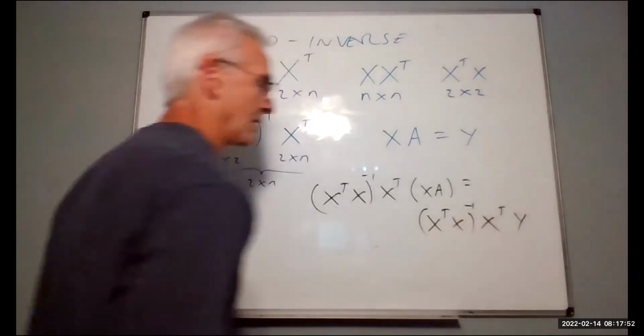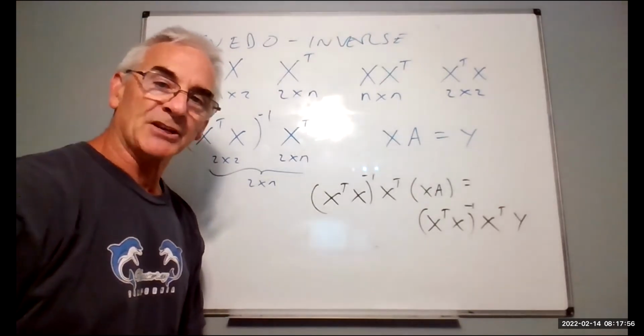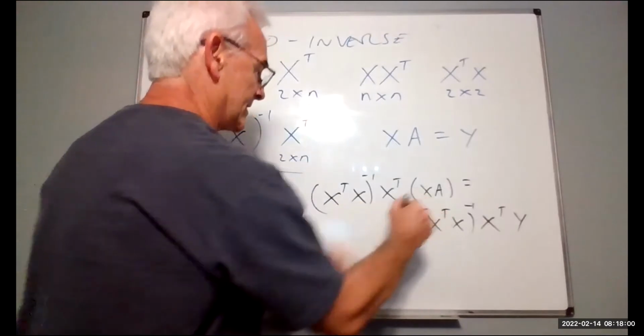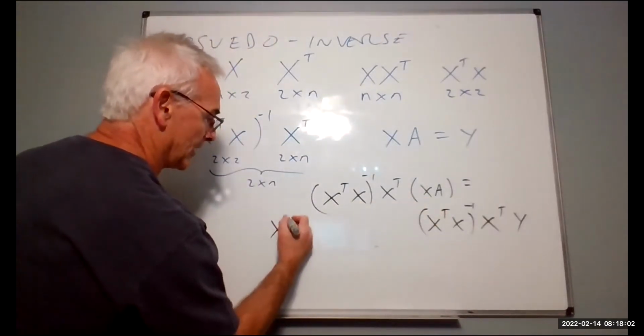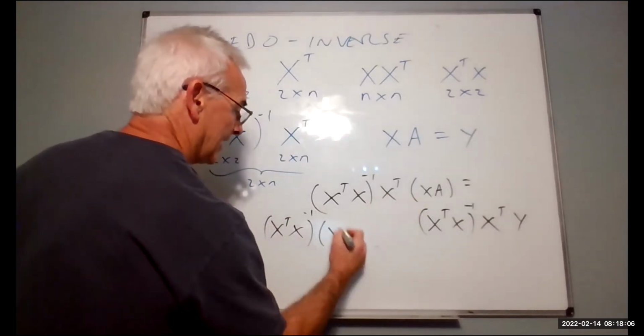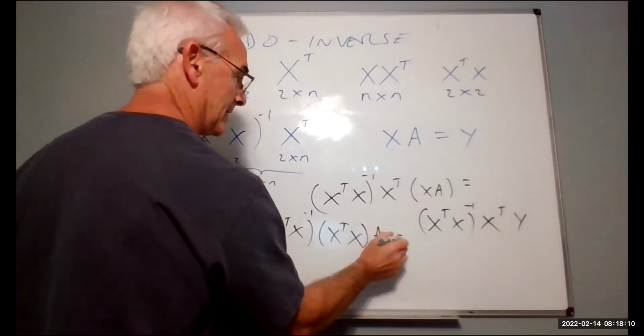Very, very busy on the right side, but don't look at the right side, look at the left side. Matrix multiplication, although not commutative, is associative. So I can regroup this. So now on the left side, I have X transpose X inverse X transpose X A. That's my left side.